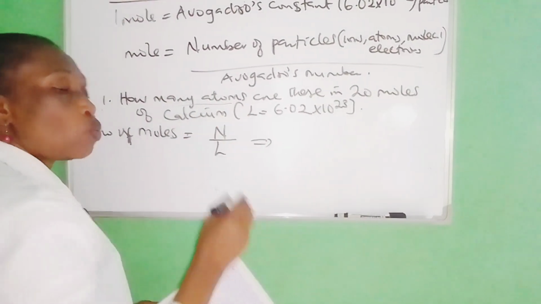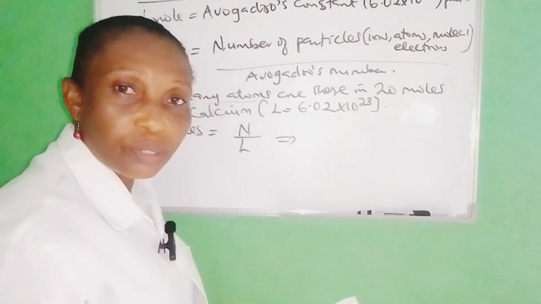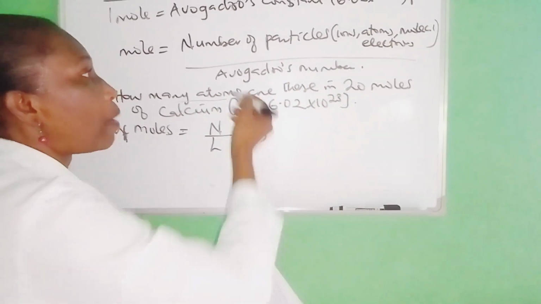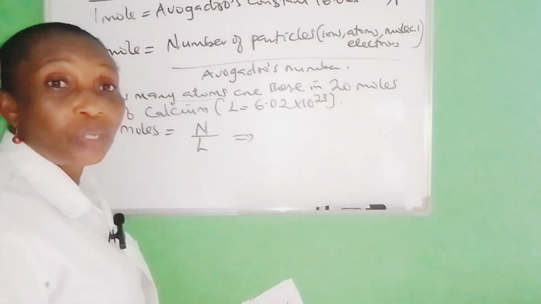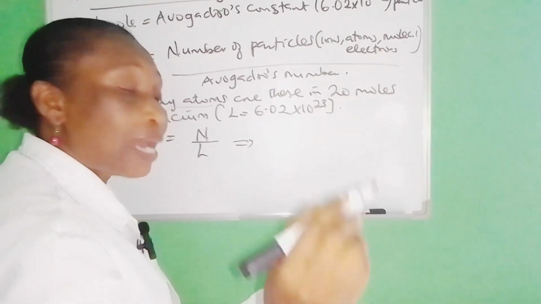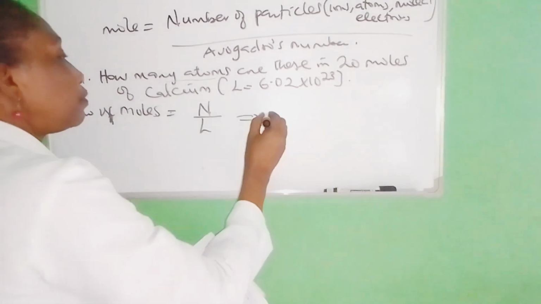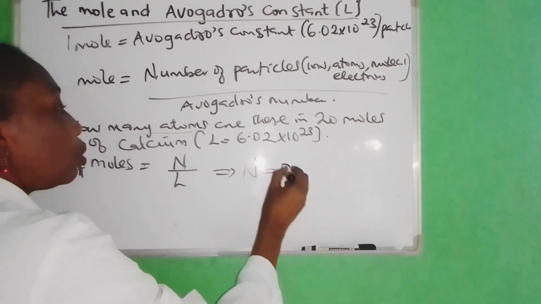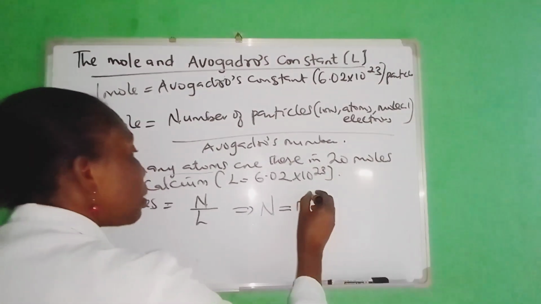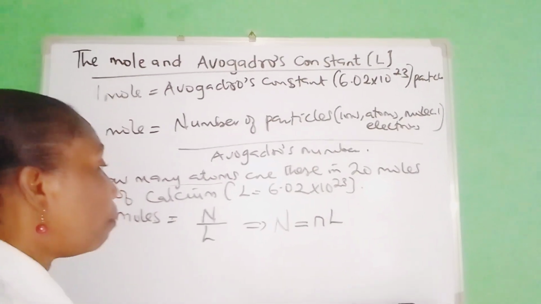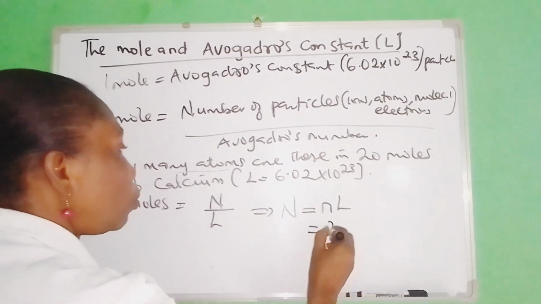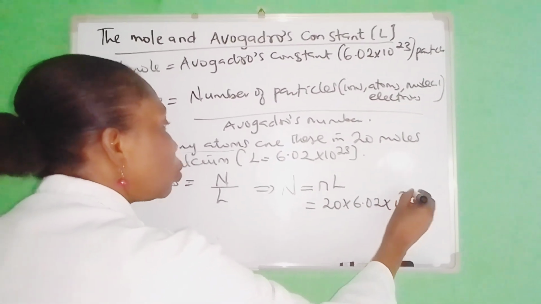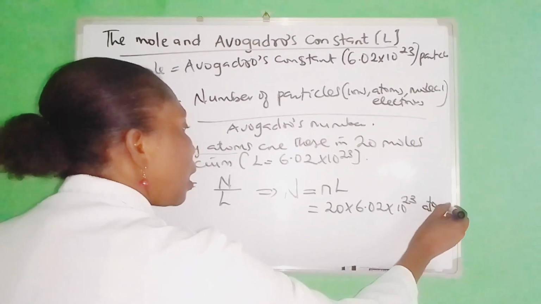How many atoms means what is the number of atoms? Determine the number of atoms. Remember, the number of particles, the number of atoms, is represented by the symbol capital letter N. So here we have number of atoms is equivalent to number of moles or amount multiplied by Avogadro's number, and that is 20 times 6.02 times 10 raised to power 23 atoms.